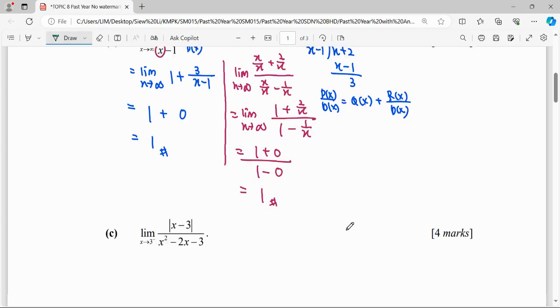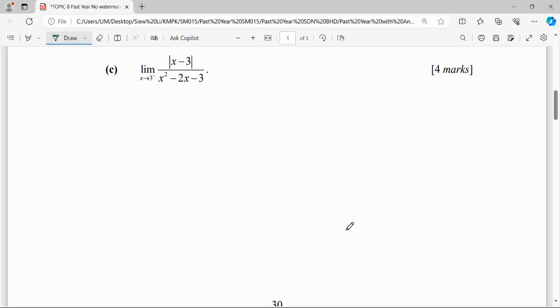Then we come to question C, the limit as x approaches 3 from the left hand side for the function modulus of x minus 3 over x squared minus 2x minus 3. When your function involves a modulus function, you have to express the modulus function as a piecewise function. Modulus of x minus 3 is positive when x minus 3 is more than or equal to 0, and negative when x minus 3 is less than 0.